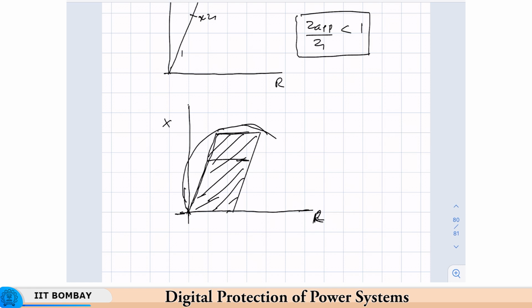Okay, so this type of characteristic is known as a Mho characteristic, and this is what was used with electromechanical relays.